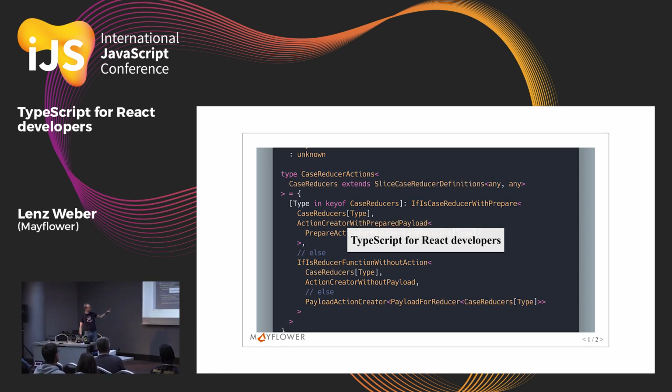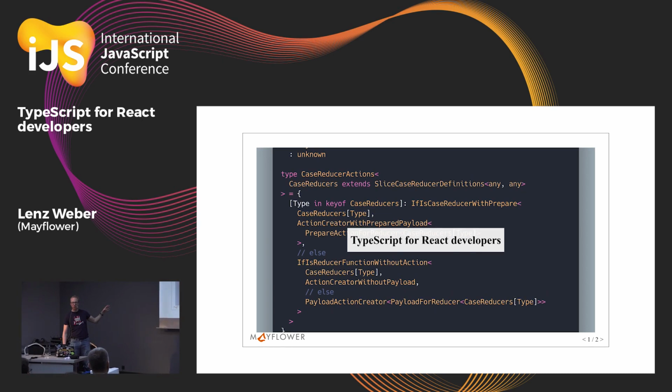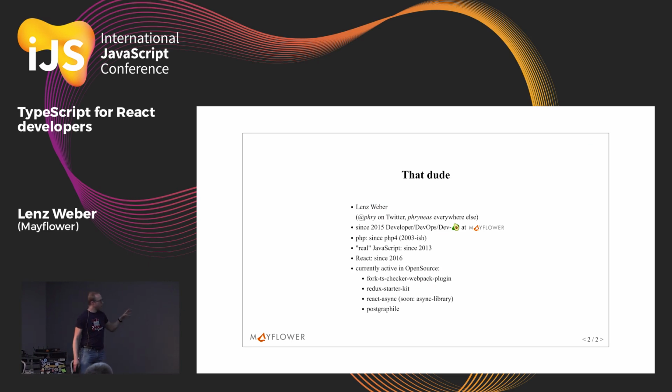This is not to scare you away. Library code in TypeScript might look like that, but your production code definitely shouldn't look like that. Also, I'm working on React Async, and we just finished porting that to TypeScript from a pure JavaScript perspective. And also, in the last few months, I've started using PostgreSQL, and I also started contributing to PostgreSQL.